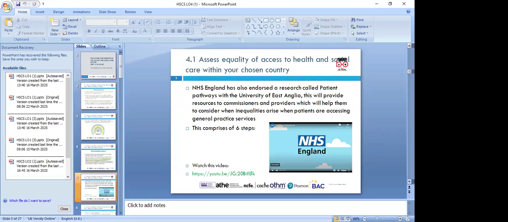May I ask, how would cultural barriers pose a hindrance to healthcare? Can anybody answer that? How could cultural barriers be a challenge for healthcare? I'm asking a question. How could cultural barriers become a challenge to healthcare inequalities?